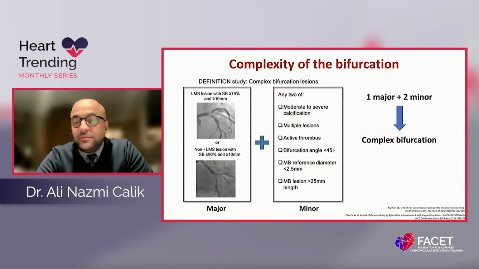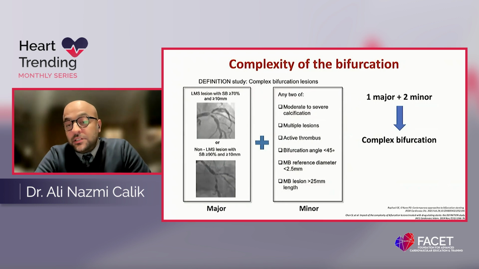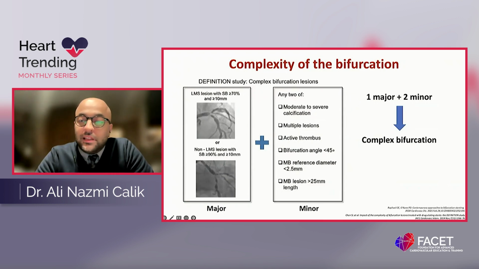And then we have the definition criteria coming from the DEFINITION study. When it comes to left main stem lesions, complexity means that you have to have one major and two minor criteria.